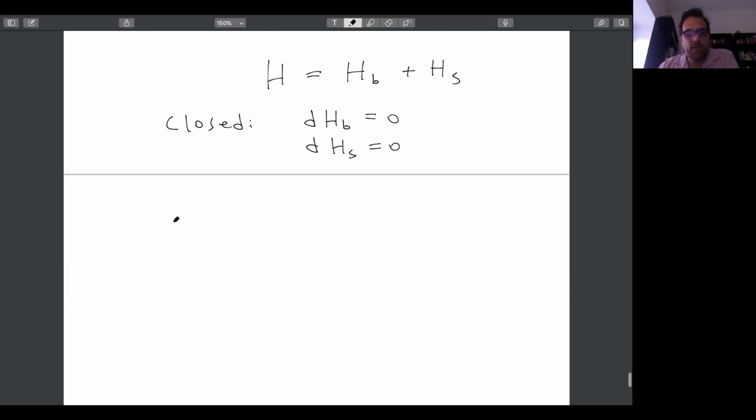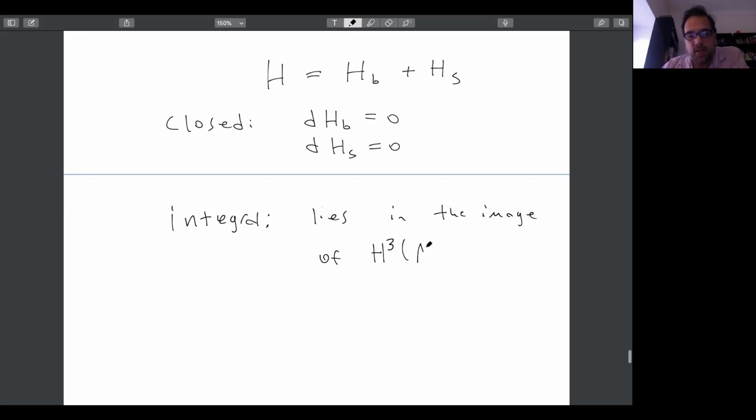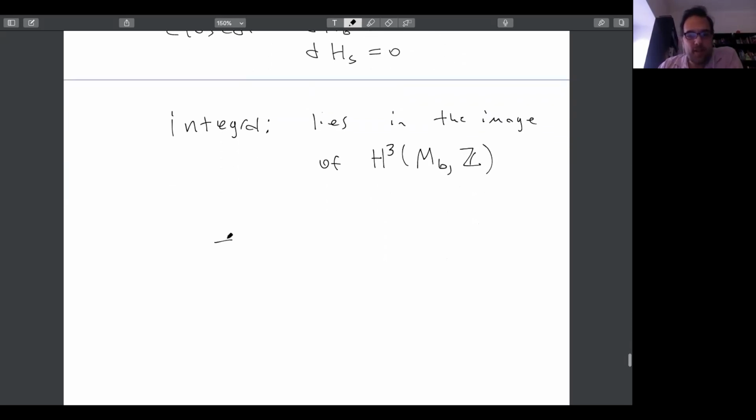And moreover, it's integral, not in the sense of integral forms from supergeometry, but in the usual sense that it lies in the image of H3 MB Z. And that implies that HB is also integral.